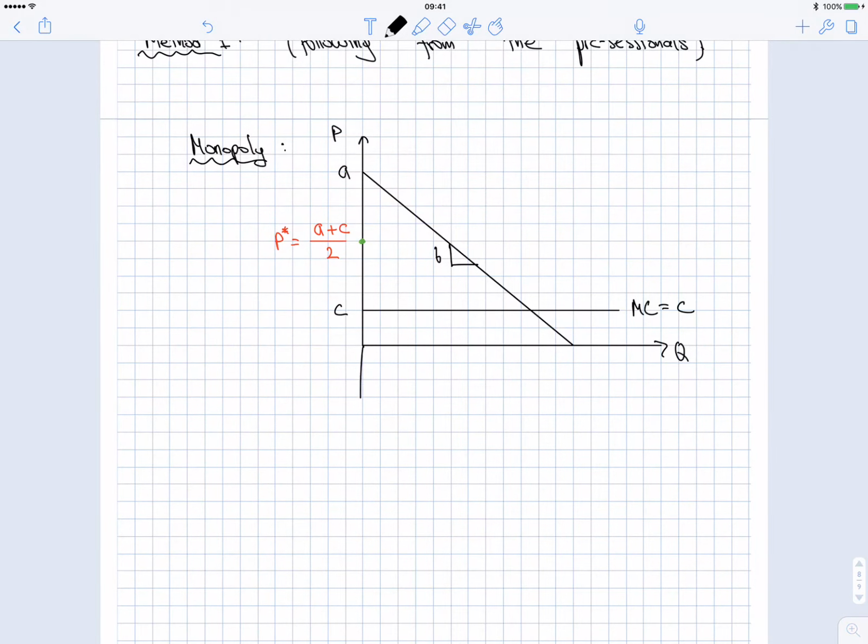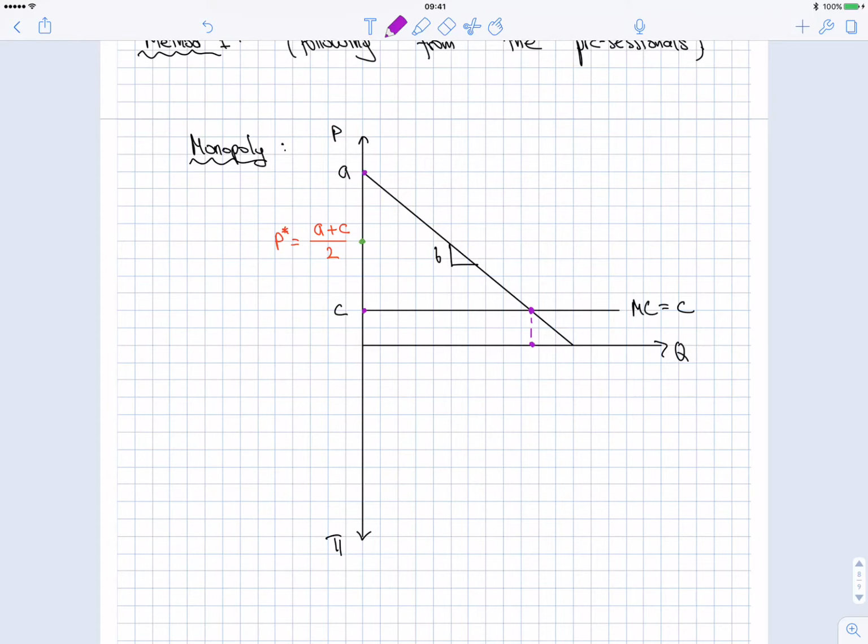If you go back to your precessional notes, if I do another scale here, and I call this profits, what would be your profits if you sell quantity of 0? 0. What would be your profit if you sell a quantity such that the price is equal to C? 0, because you're selling at your marginal cost. If you're selling at your marginal cost, how much profit are you going to make? 0.